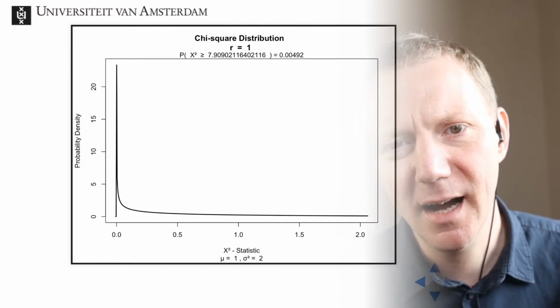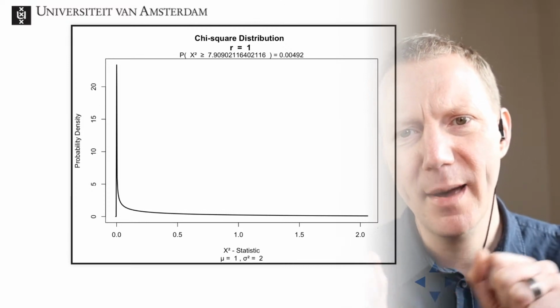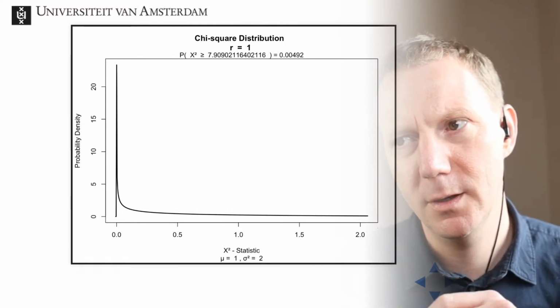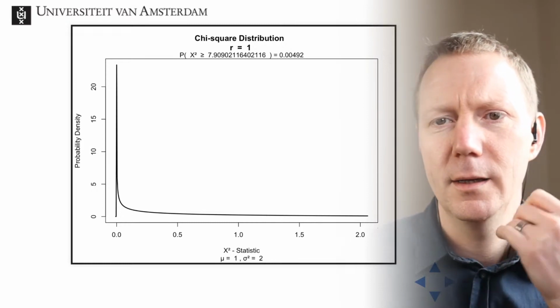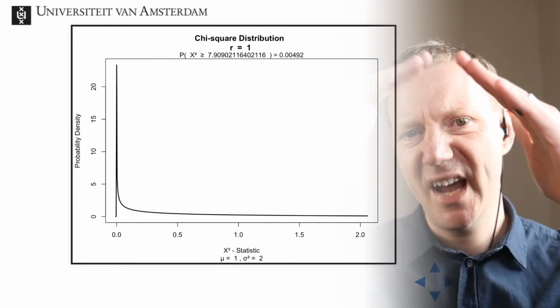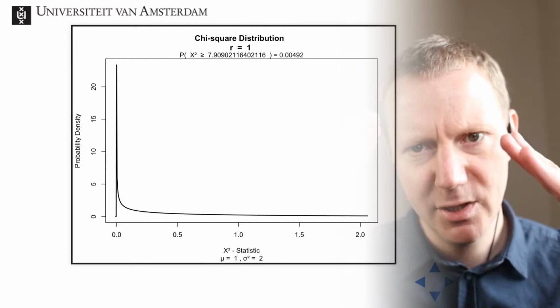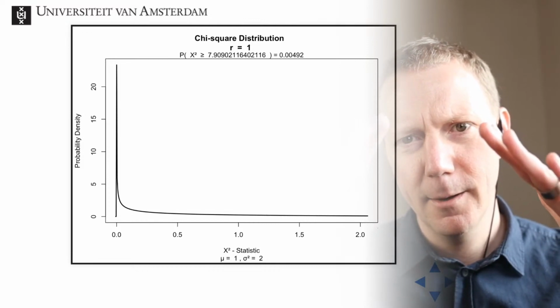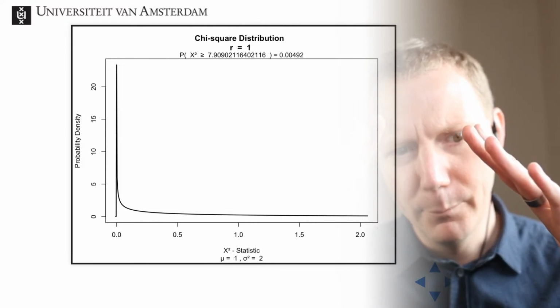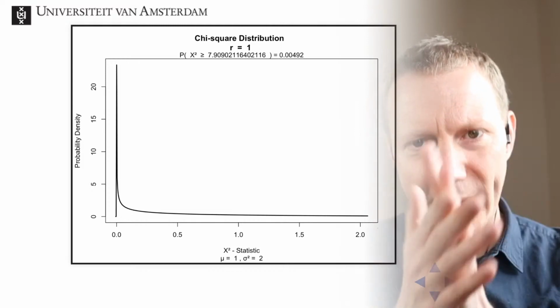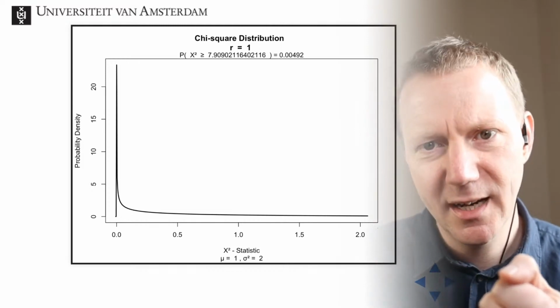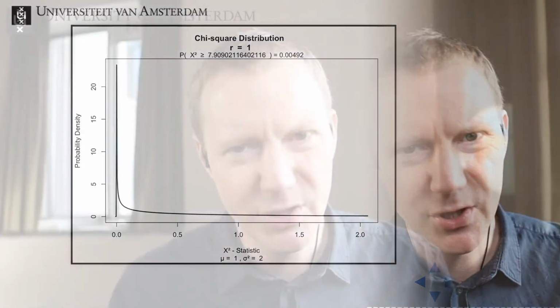But the chi-square distribution comes from a family of distributions where it's actually a symmetric distribution, but that symmetry is squared, and that results in the chi-square distribution.